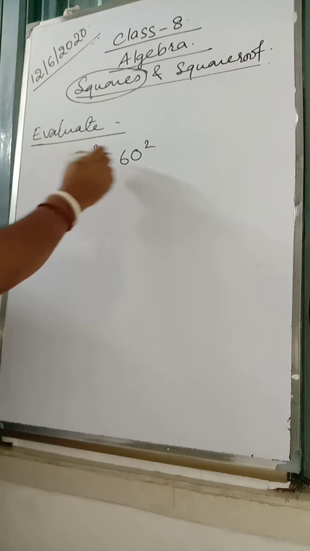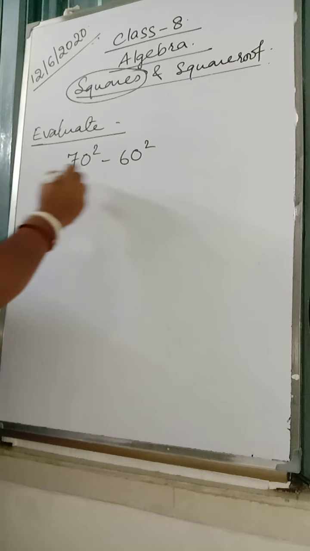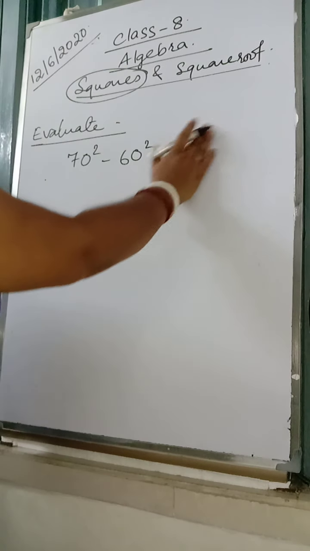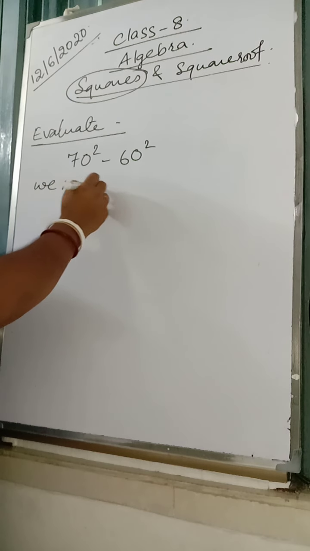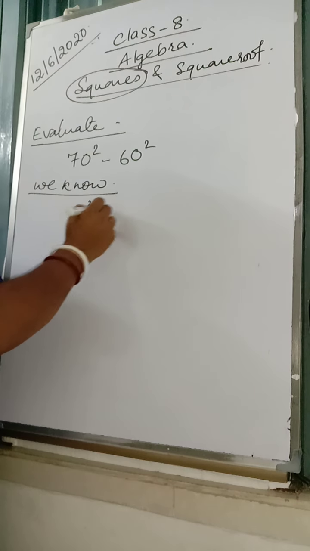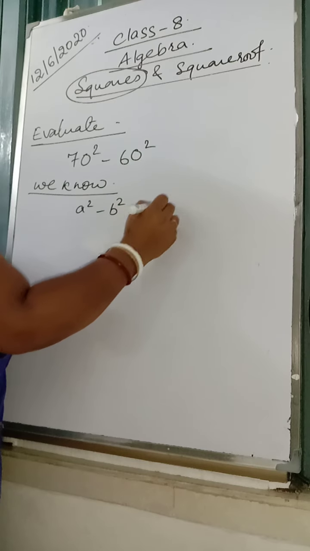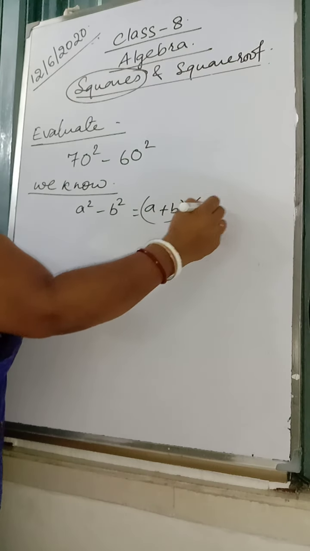So this is in the term of a square minus b square. What do we know? We know a square minus b square is equal to a plus b into a minus b.